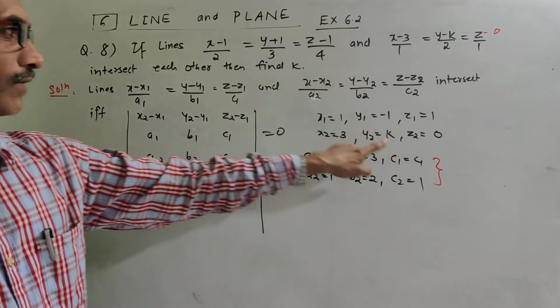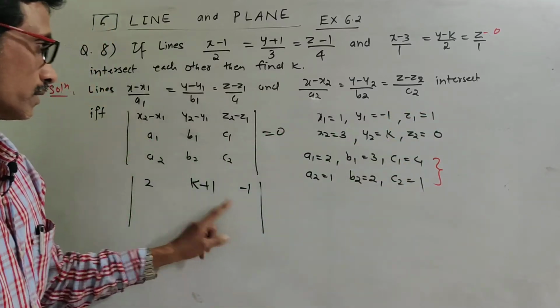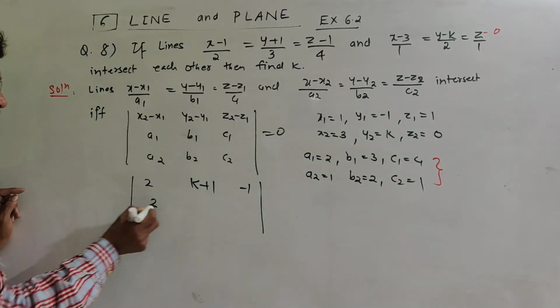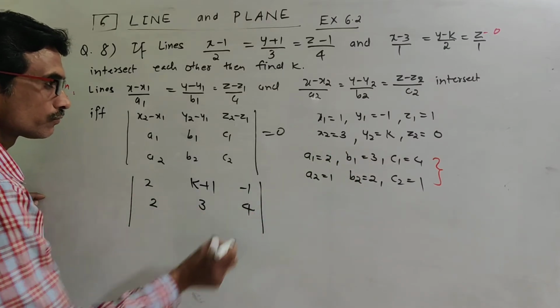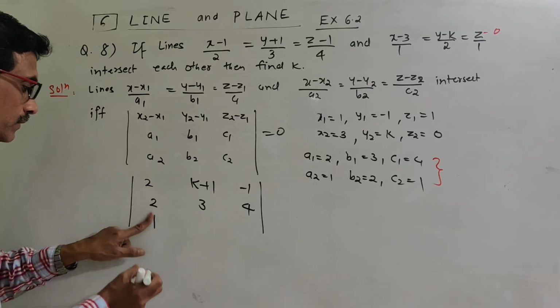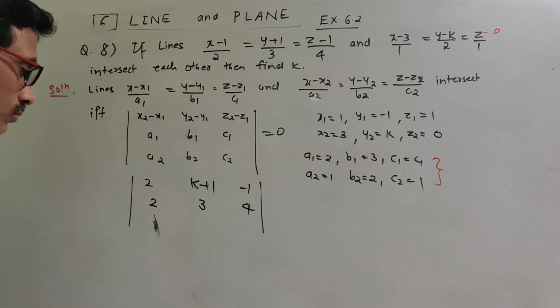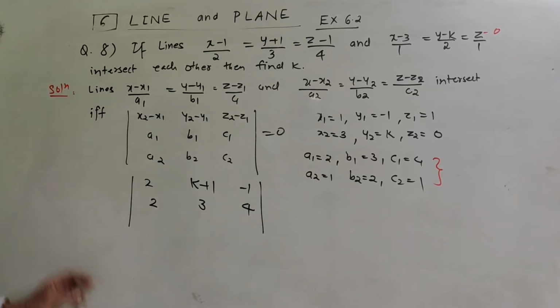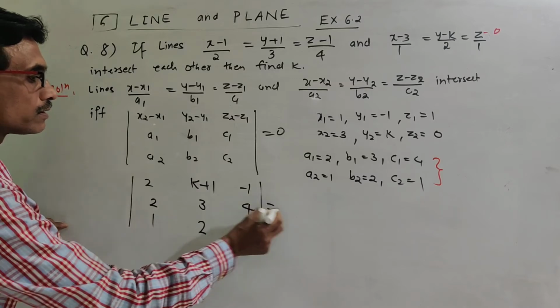Then a1 2, b1 3, c1 4, a2 1, b2 2 and c2 1. This is equal to 0.